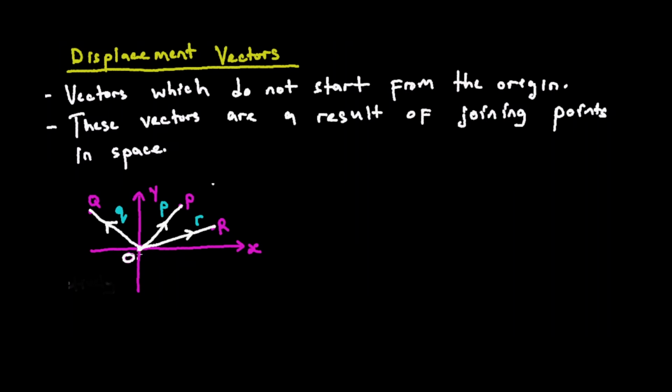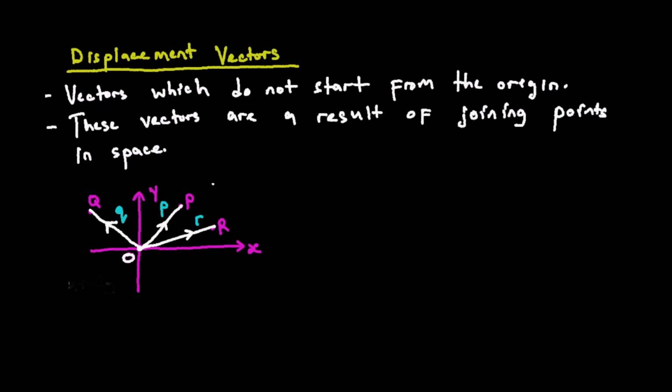We already know that OP, OR and OQ are the position vectors of P, R and Q. I want you to note that P, R, Q at first are just points in space. Then we use a reference point, this Cartesian plane, XY plane, and we reference from the origin, which is O. But our displacement vector now does not start from the origin, it results from joining points.